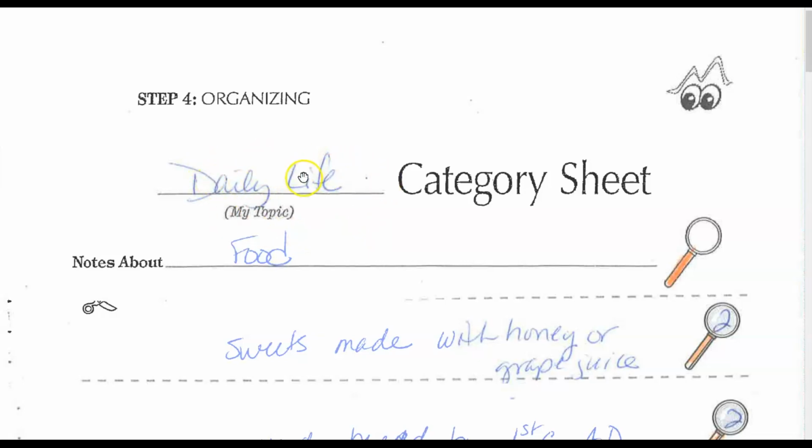And up here is the topic, what was daily life in ancient Rome. Your topic will be your person that you're putting on trial, right? Hannibal, Alexander the Great. And then your category, right? This one was food, but maybe it would be actions taken or friends and allies, something like that.